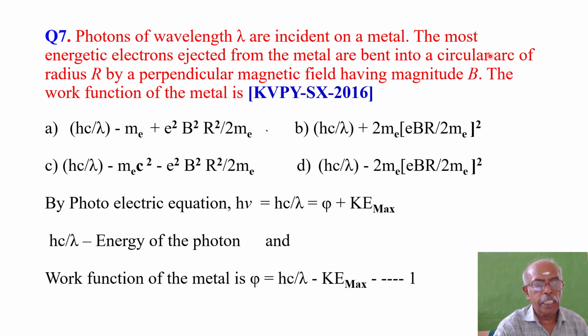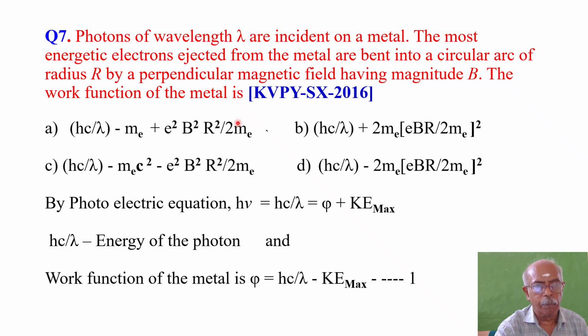The most energetic electrons ejected from the metal - most energetic electrons means the kinetic energy of the electrons ejected from the metal surface is the maximum, KE max - are bent into a circular arc of radius R by a perpendicular magnetic field having magnitude B. Now you are asked to find the work function of the metal.